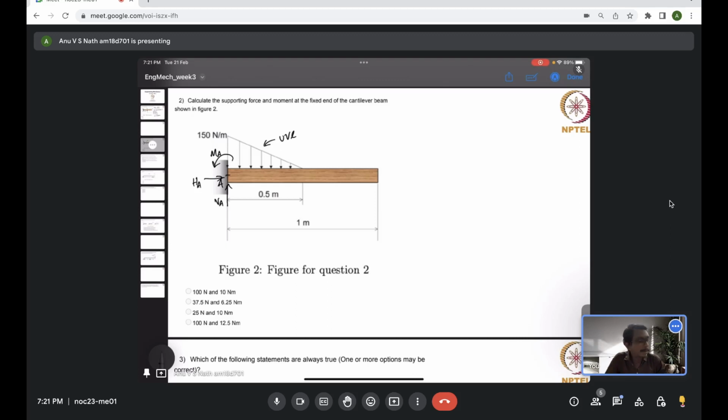So anyone got the answer? Either the support reaction force or the support moment. I expect you are trying this, not waiting for me to solve it.